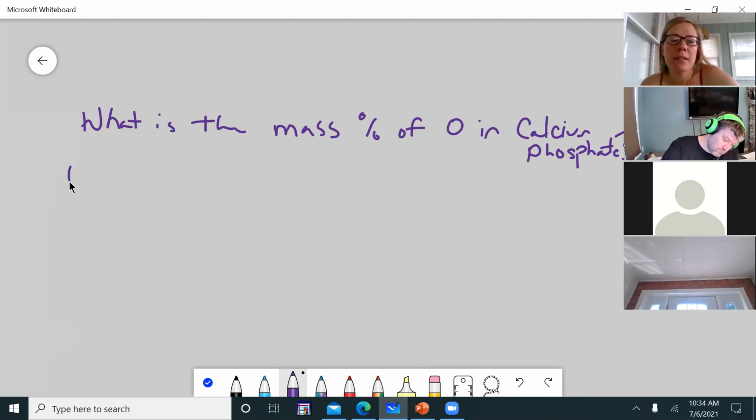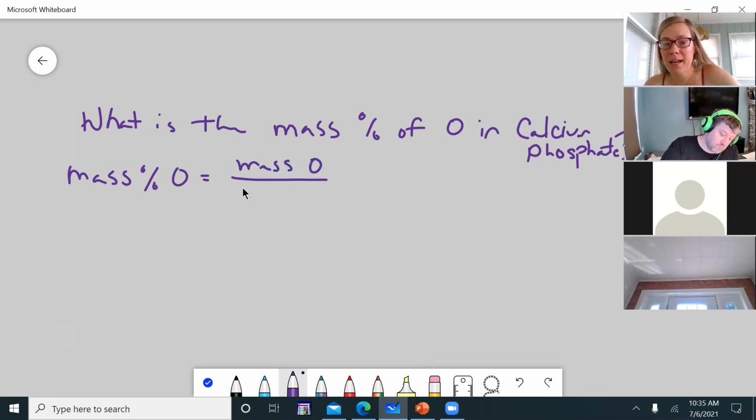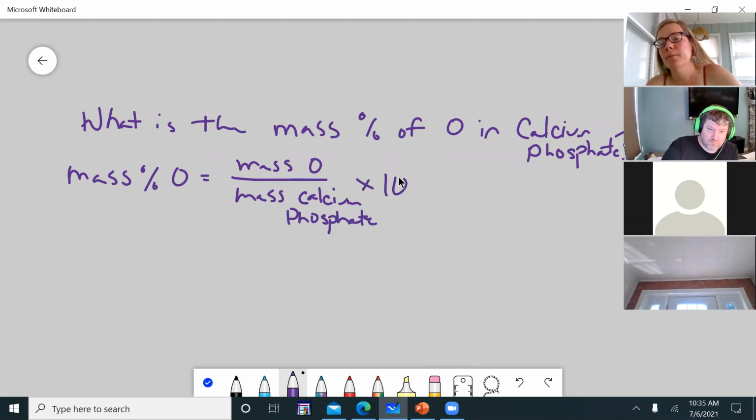So mass percent of oxygen is going to equal the mass of the oxygens, however many that is, divided by the mass of calcium phosphate, times 100. So we need to know what calcium phosphate is.